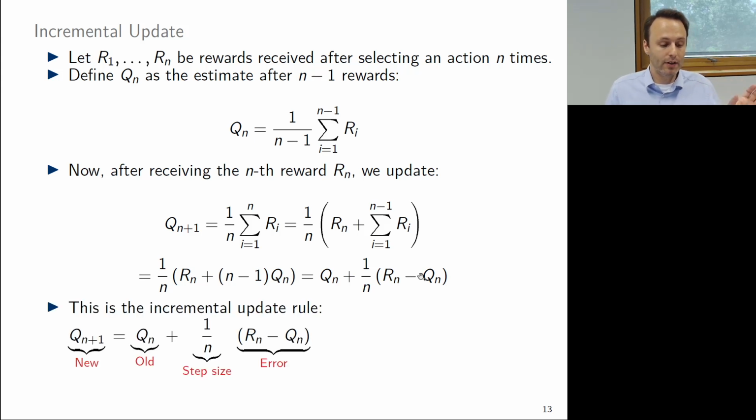That means a new estimate is based on the old estimate plus a step size, 1 over n here, times the error. And that's a learning rule. And that's really cool because it tells how you can keep track of your estimate in the future just based on the past estimate and your signal.